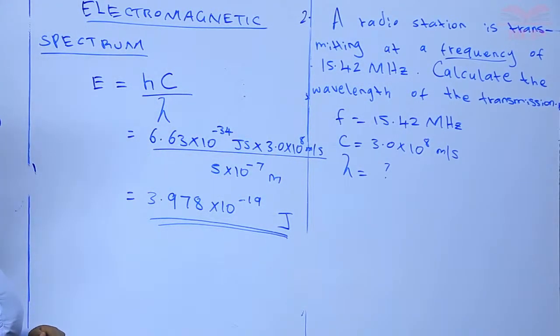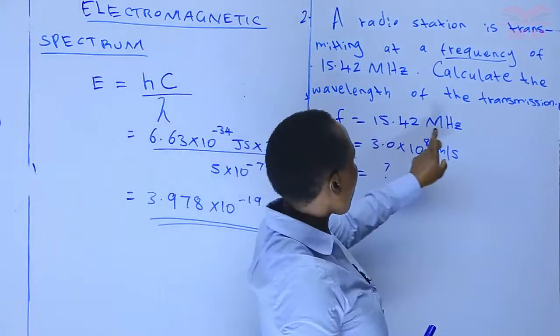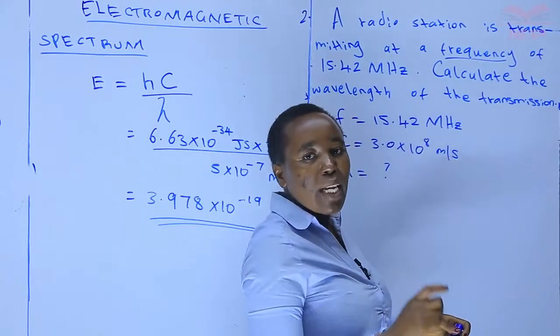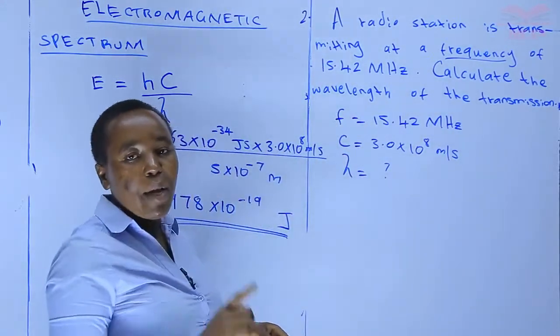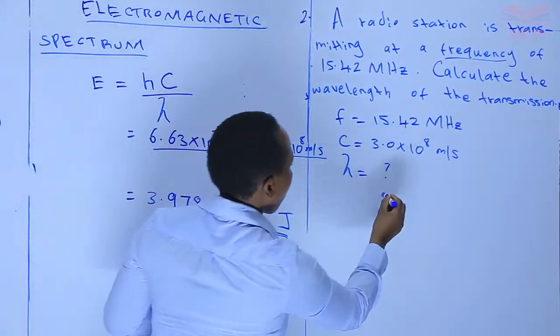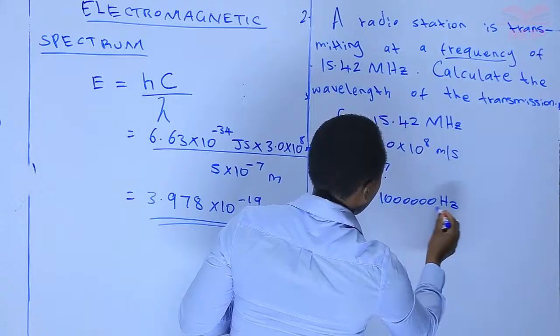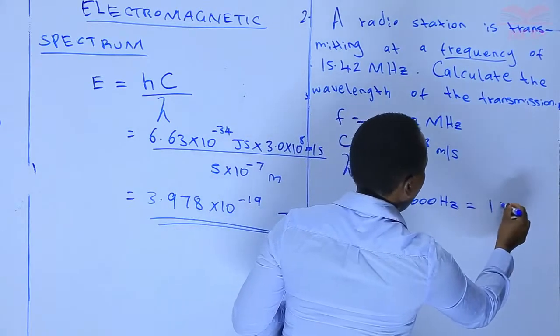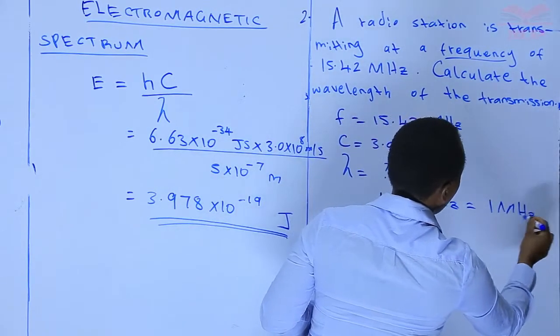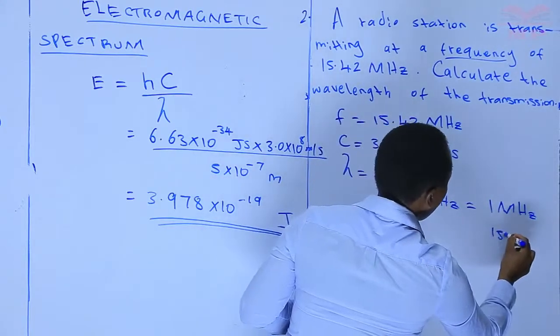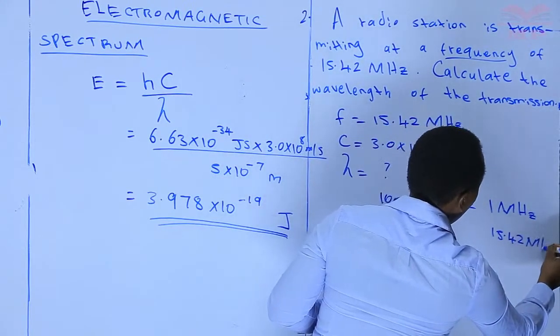Remember, before we calculate, we ensure that every quantity is in its SI unit. Here we have frequency in megahertz. We know that 1,000,000 hertz make 1 megahertz. So what about 15.42 megahertz?